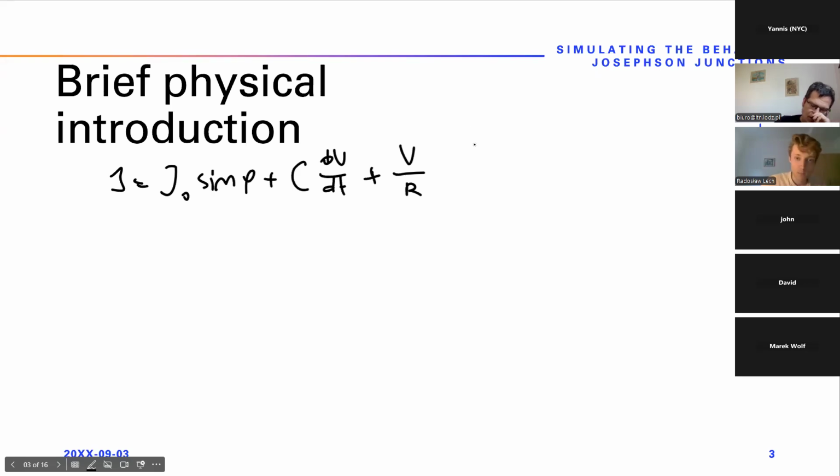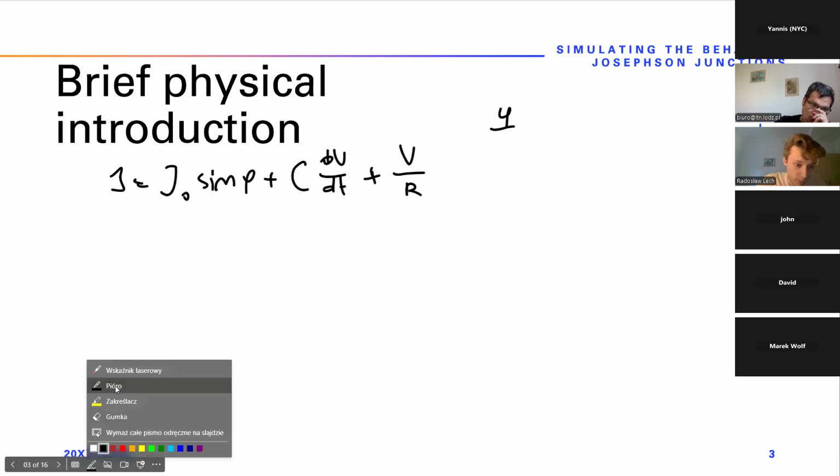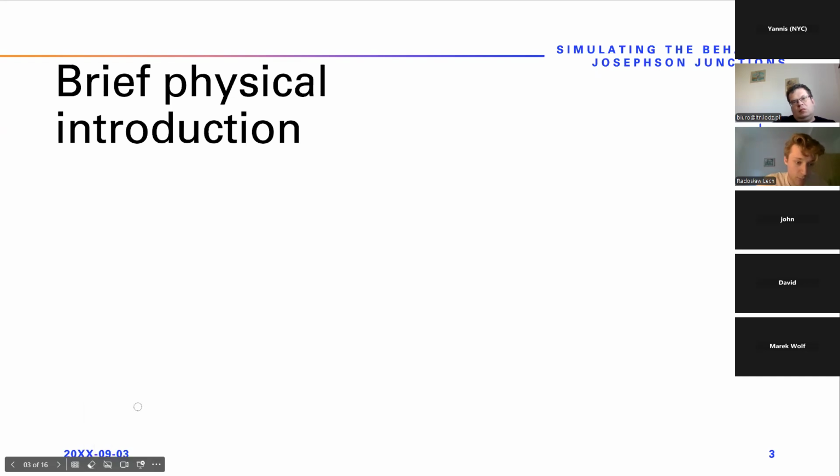What's the relation of voltage with phase difference? The rate of change of the phase is proportional to the voltage. Yes, this was the so-called AC Josephson effect, but you need to express it now. I hope the previous equations can be preserved because we need both of them.